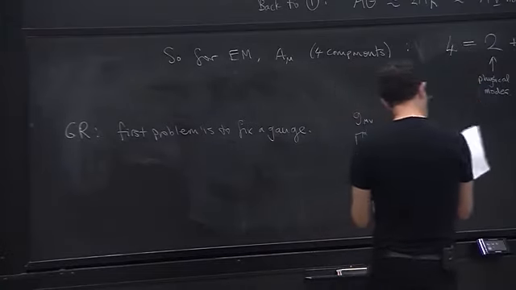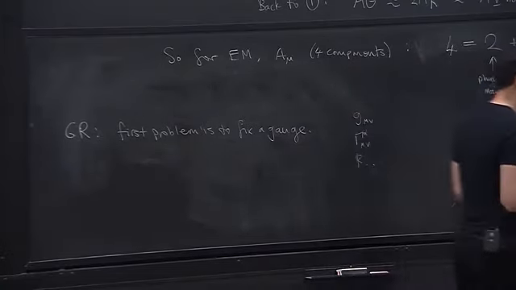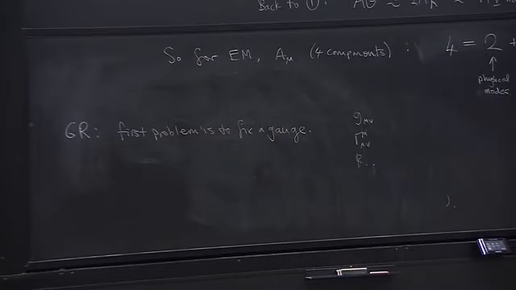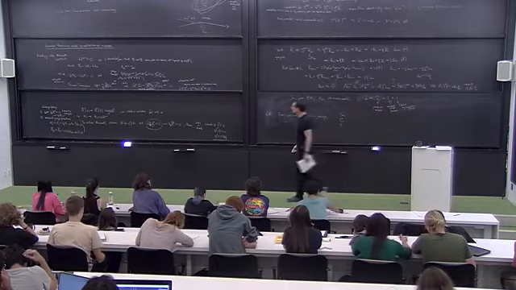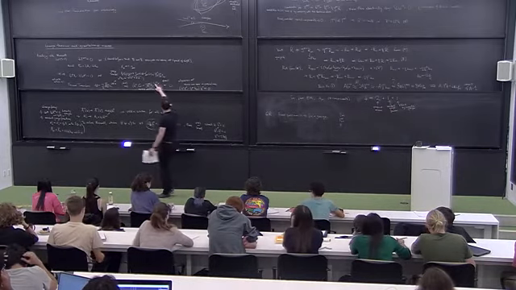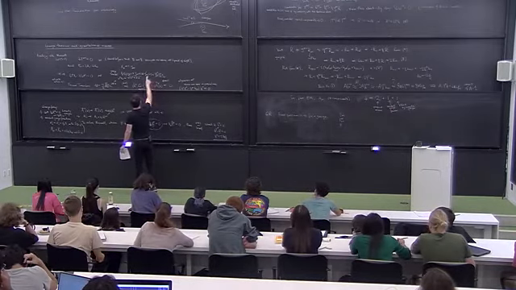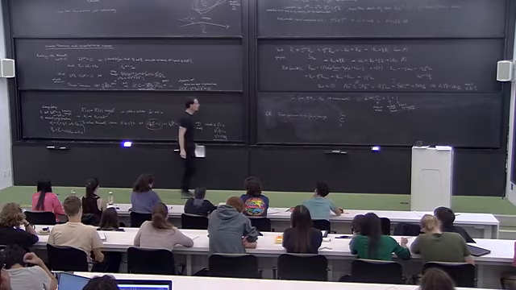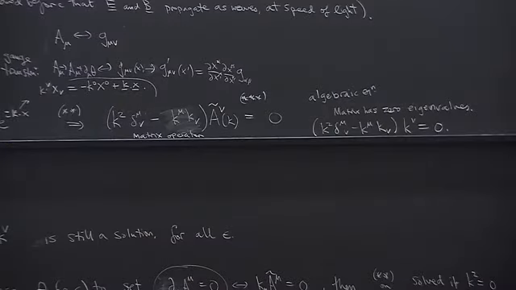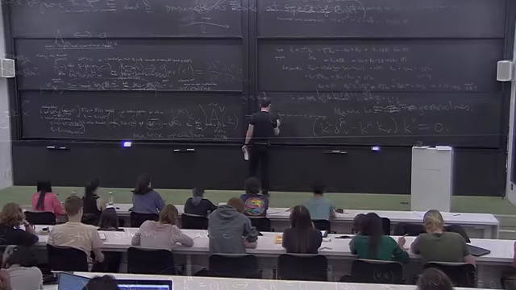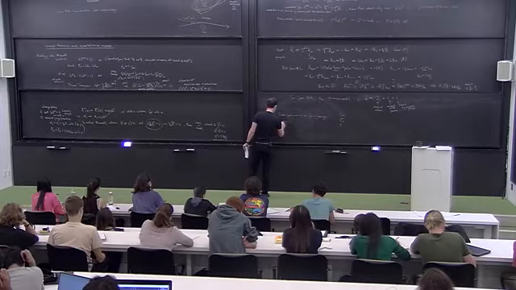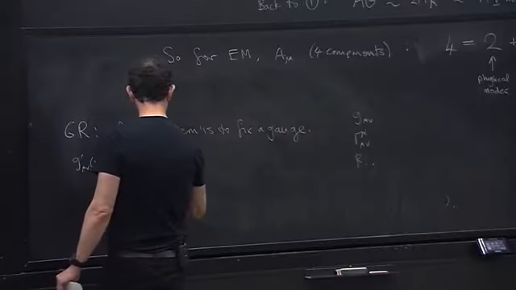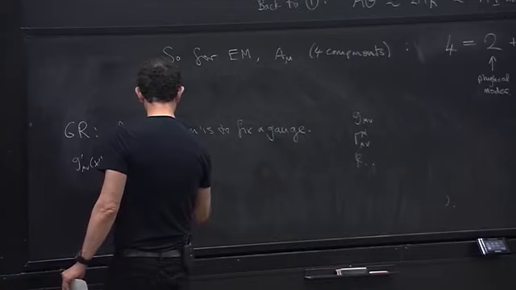Actually, let me say a little bit more about this freedom to change coordinates. I told you already, it's this equation up here. So g prime mu nu is equal to g mu nu of x times dx/dx prime dx/dx prime.